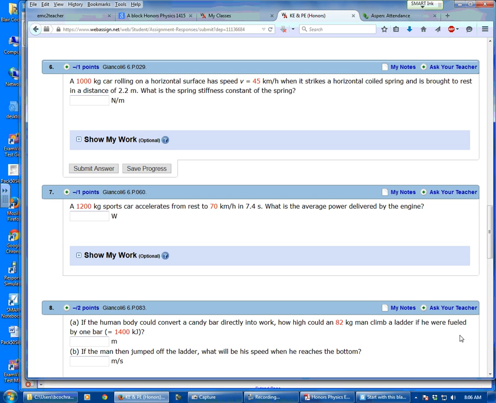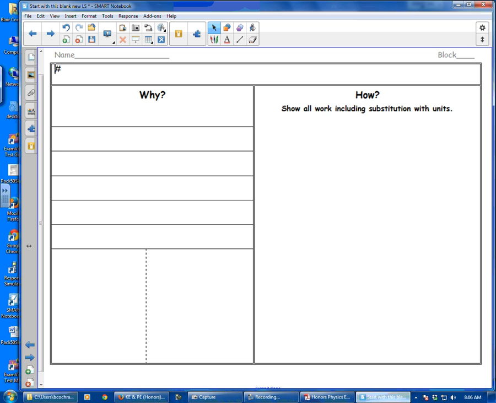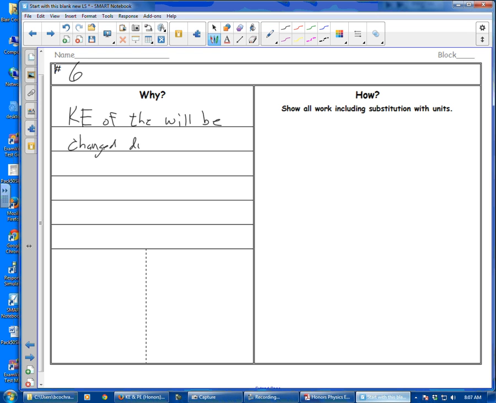So for number 6, the kinetic energy of the car will be changed due to work on it by the spring.